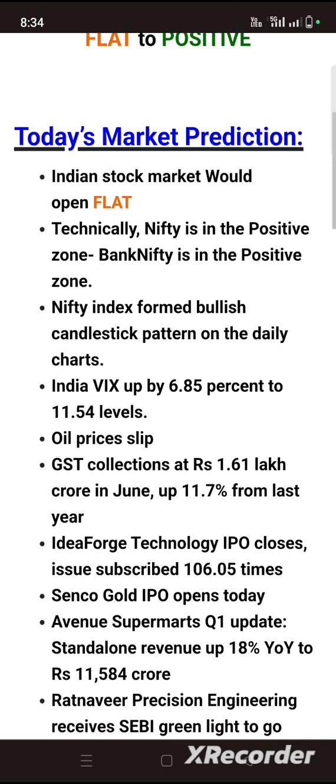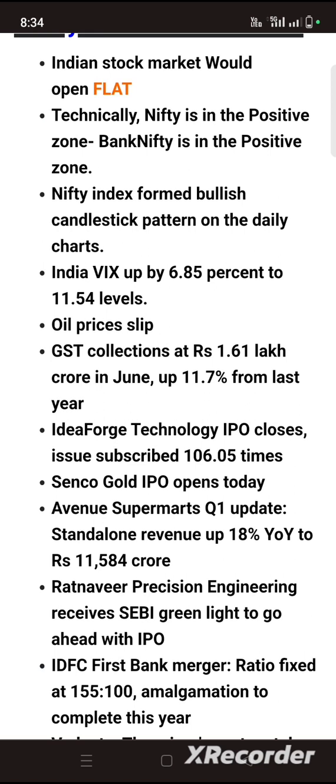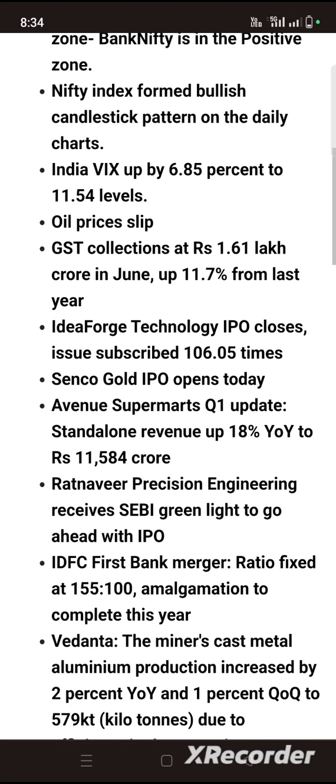So it gives clear information where you can use this data and these points and practically check on the charts. And also you need to check in the live market. This is one of the sources I use for pre-market analysis.